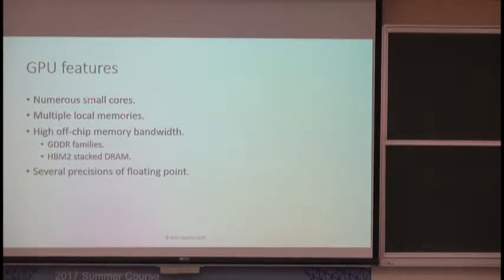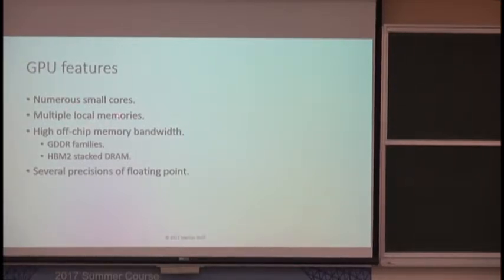You also have a memory hierarchy that has multiple levels, multiple different types of memory. Now the bad news is you need to manage this memory hierarchy much more explicitly than you would in an ARM processor or an Intel processor. The good news is if you can do that well, you can run very efficiently and at high performance.